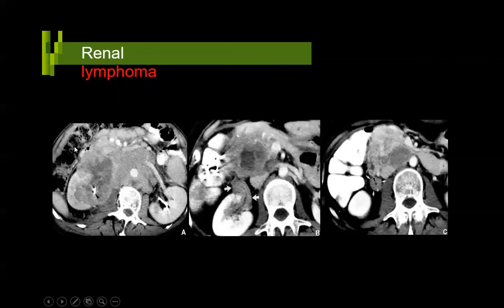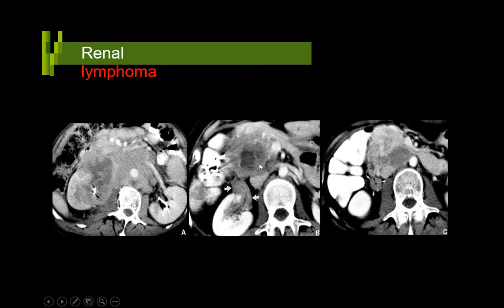If you see large paraortic lymph nodes like this, sort of sandwiching the mesenteric vessels, then again, this is more likely to be a lymphoma. So this is a mass inside the kidney. And with that, you see all these paraortic, juicy, very bulky lymph nodes. Again, lymph nodes inside, this is all lymphoma.